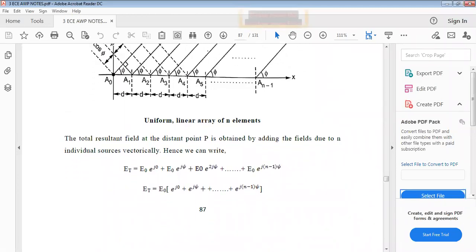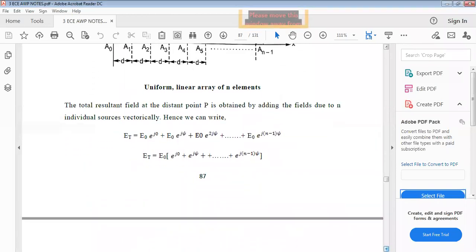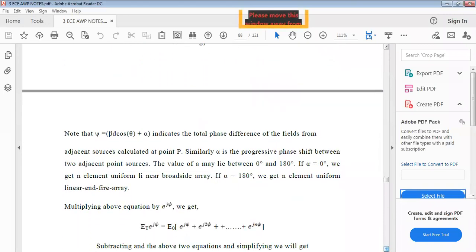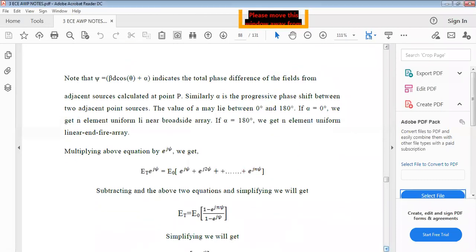See here. Finally, what do we get from the simplification? Do you understand how this simplification is made? Simply, e power j n psi is replaced with its trigonometric form of cos theta plus j sin theta. Next, separate real and imaginary terms.